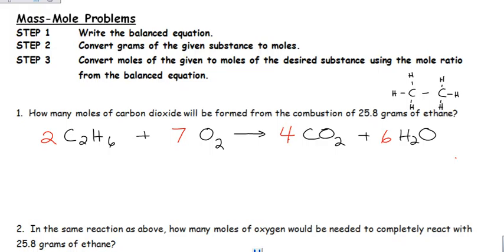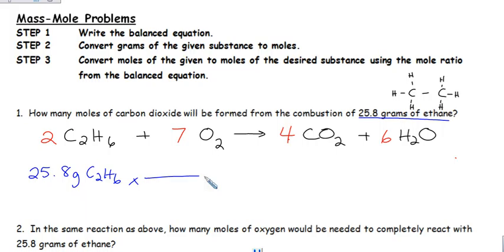In the problem, there'll be one numerical value, and that's where I want to start. I have 25.8 grams of ethane. Now, in the last couple of videos, our original number was given in moles. And so we could use the balanced equation right away to switch to moles of something different.